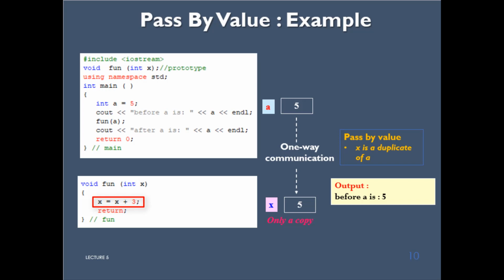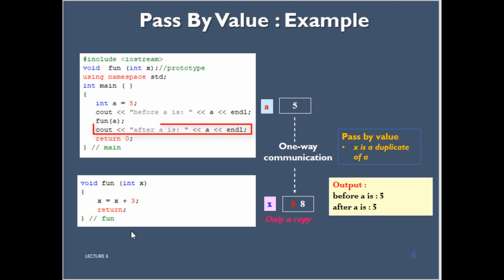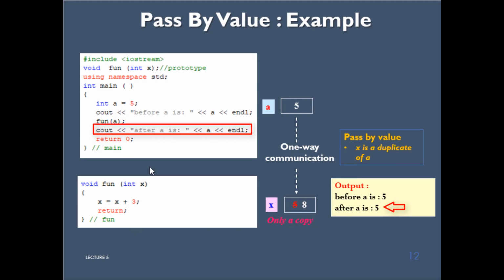So now x has the value of 5, and then in the function definition we add 3 to variable x. So x is no longer 5, it's 8 now, and we return back to the point of call and we do another cout statement to display the value of a. So after a is, it's not 8, but it's still 5, because what we changed just now is a copy of variable a.